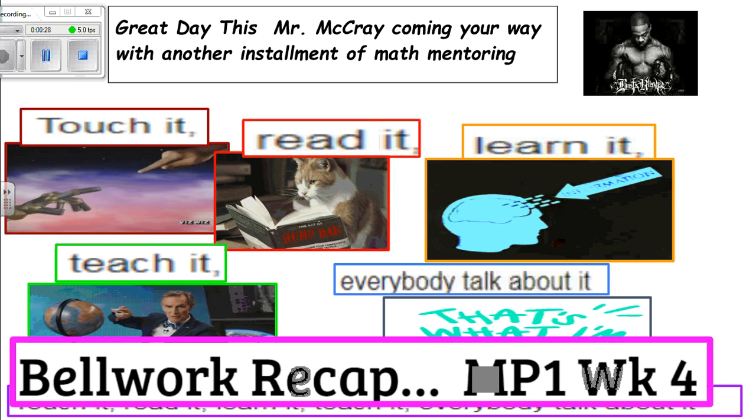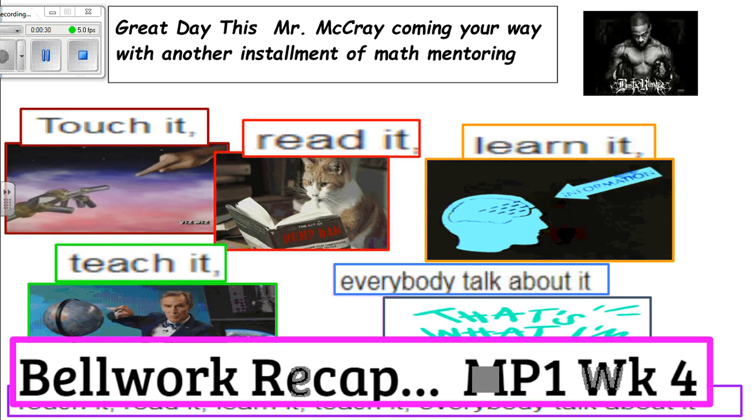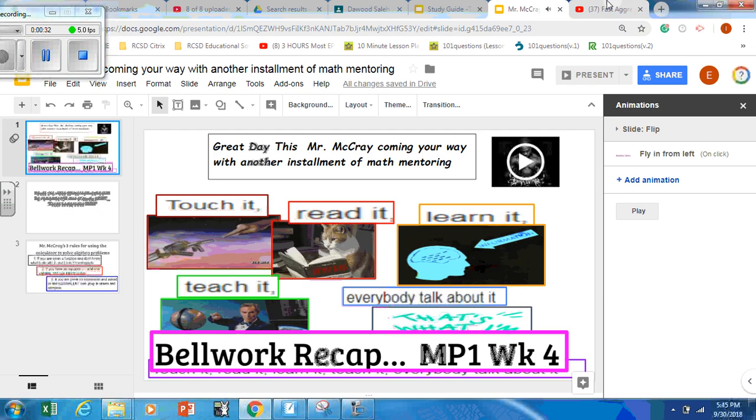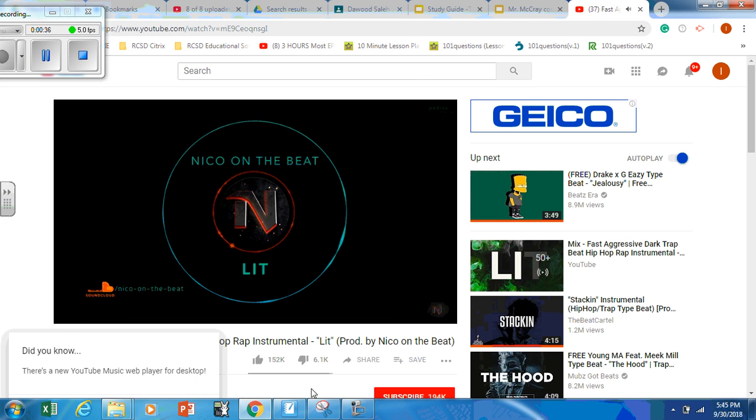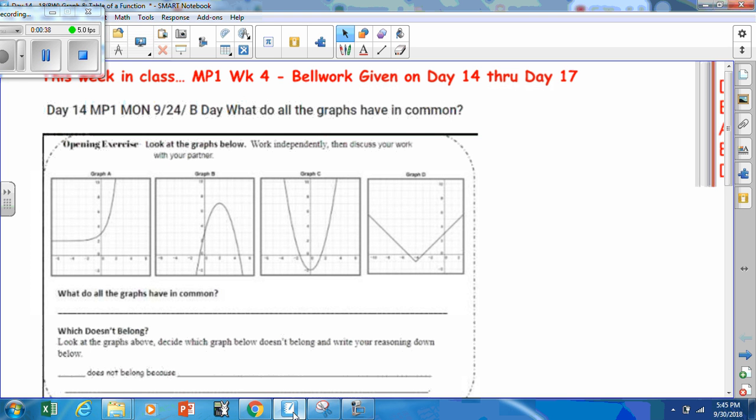So on Monday, opening exercise, look at the graphs and what do all the graphs have in common and which does not belong. As we looked at all of these graphs, the one thing I was hoping you would share is that none of them failed the vertical line test.